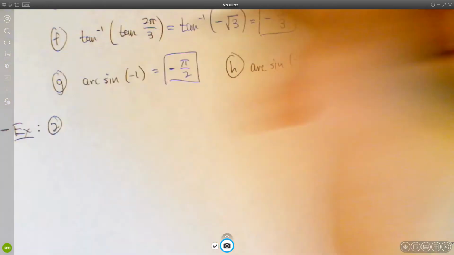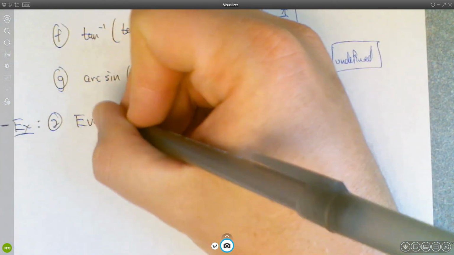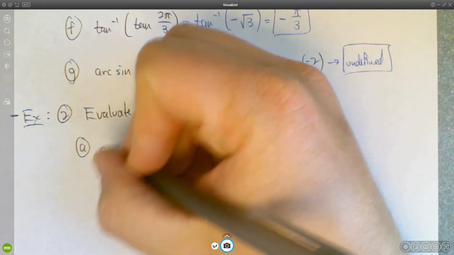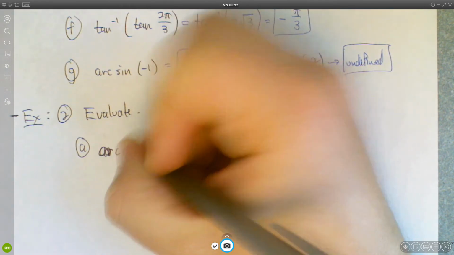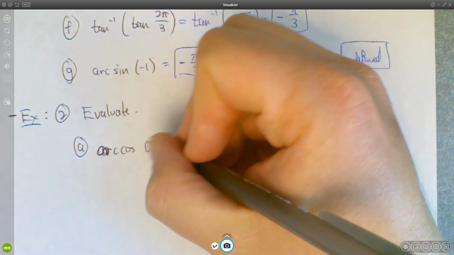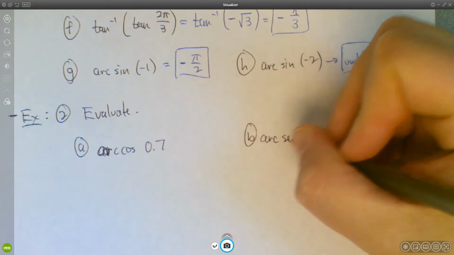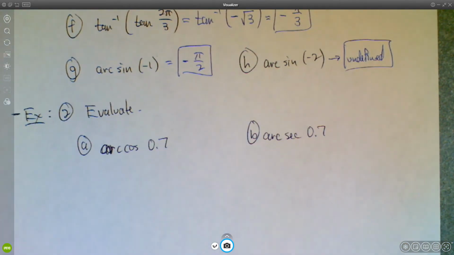Let's practice using our calculators now. This is a little easier, so let's evaluate with a calculator. I'll let you do arc cosine of 0.7, and then arc secant of 0.7. So go ahead and give the video a pause and see if you can work those out. We've done these kinds of things in the past, I think.